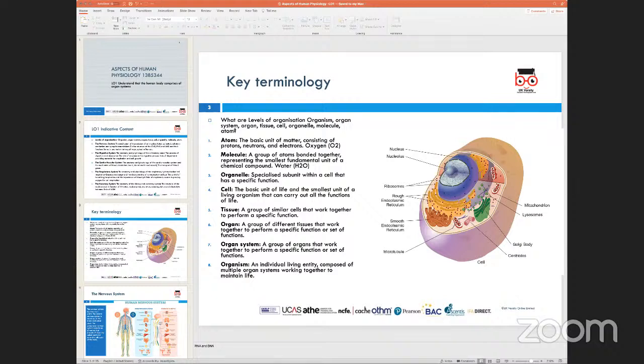Similarly, nervous tissues have a specific function. They have neurons within them, and chemical reactions typically happen which allow messages or commands to be transmitted from the central nervous system using nervous tissue.